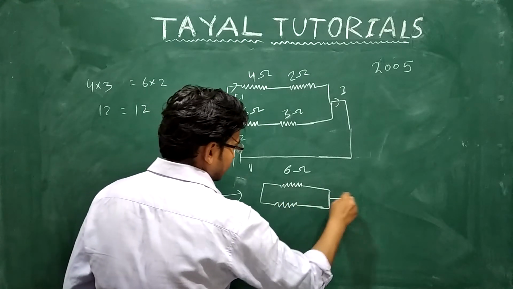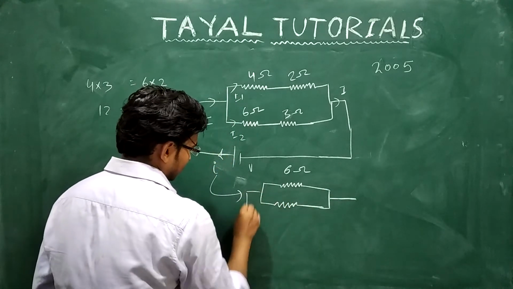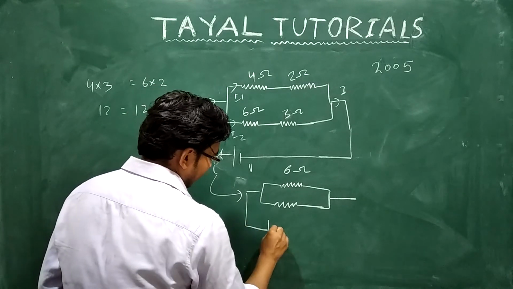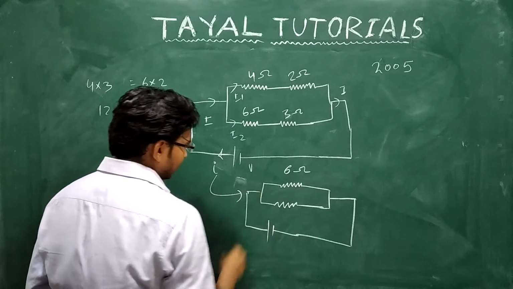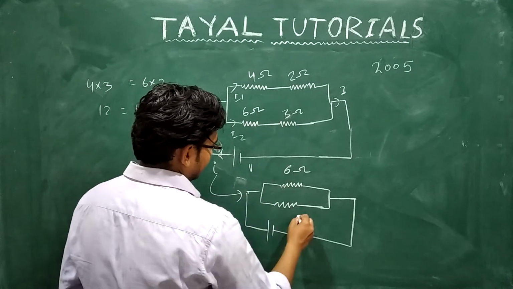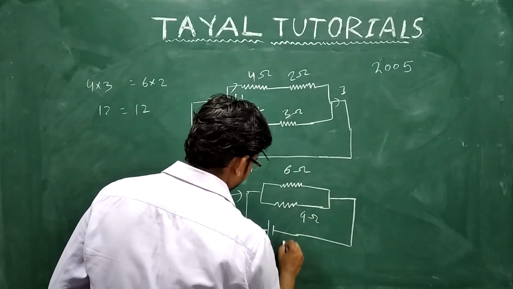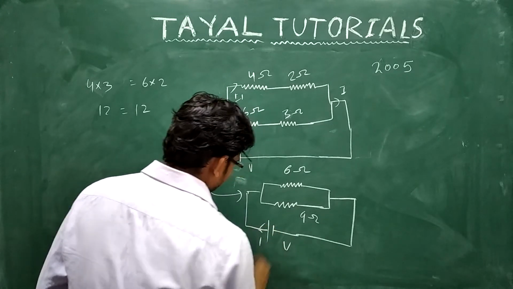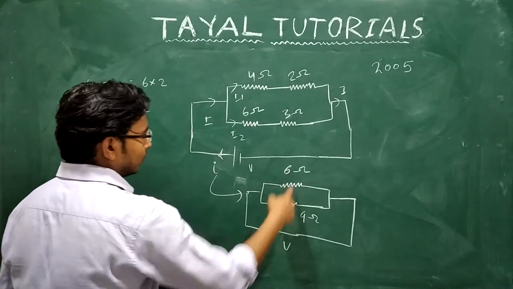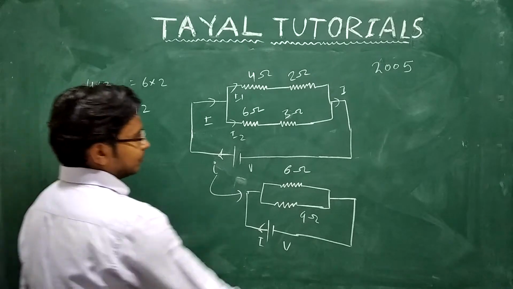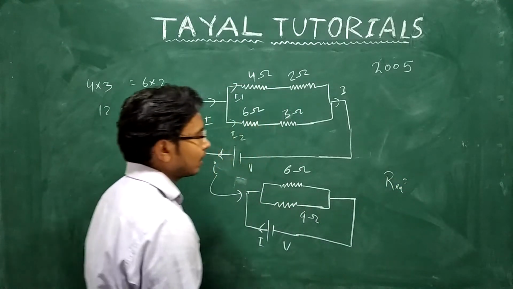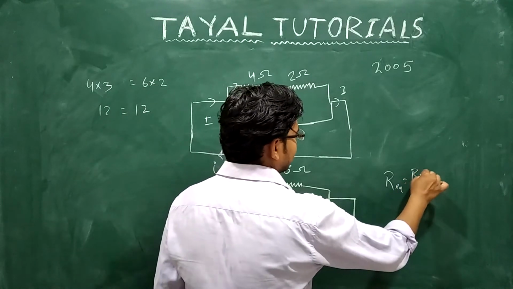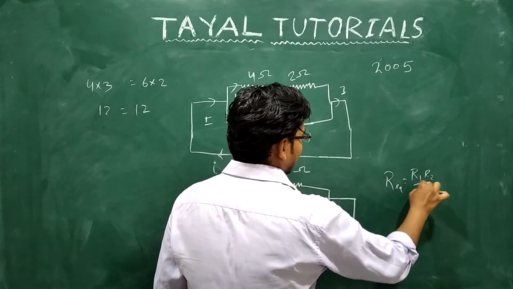To get that current, first I have to get R equivalent. So I am solving the Wheatstone bridge. This is 6 ohm and this is your 9 ohm, and this is your V, this is I. If I want to get the R equivalent of these two, you can simply apply that formula. If two resistances are in parallel, R equivalent is equal to R1 into R2 divided by R1 plus R2.